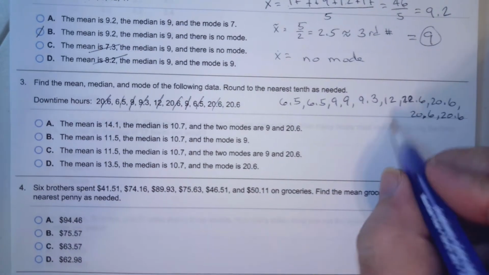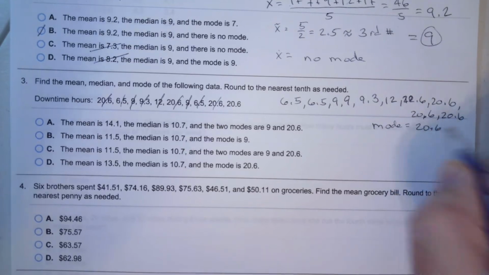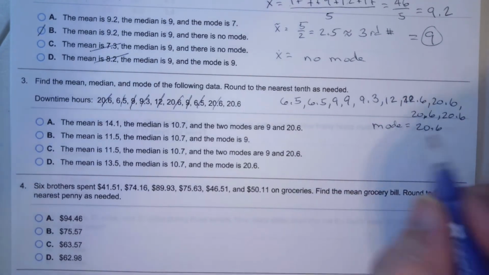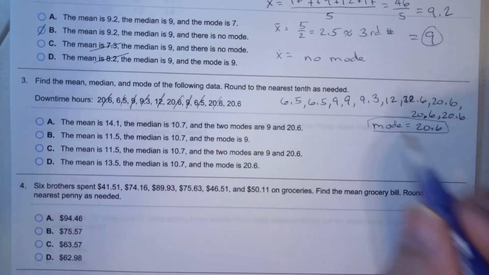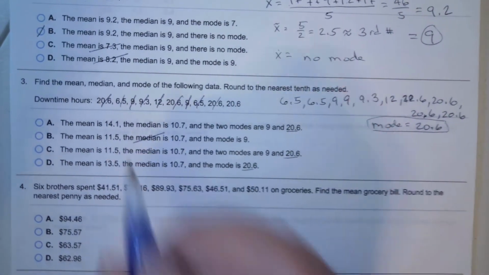So the mode we know automatically is 20.6 because it occurs 4 times. So B cannot be right.